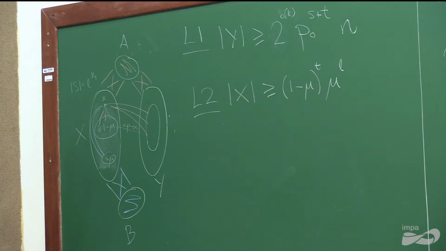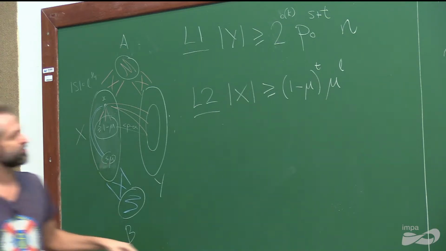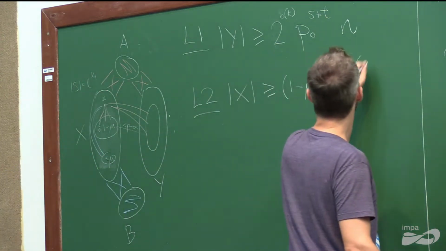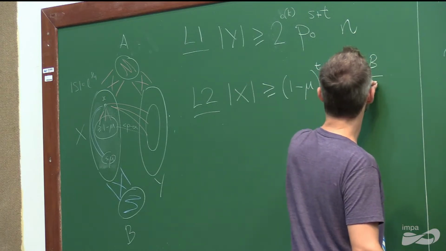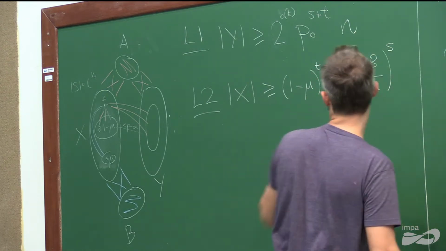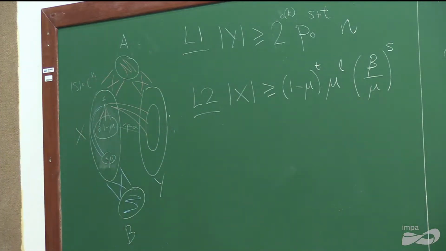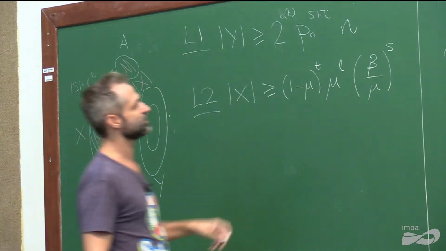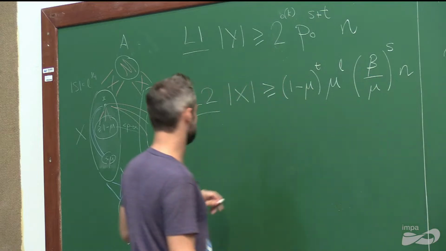And then we're also going to lose in the density boost steps. So we're going to lose an extra factor of beta over mu for each of them on average. So recall times n.